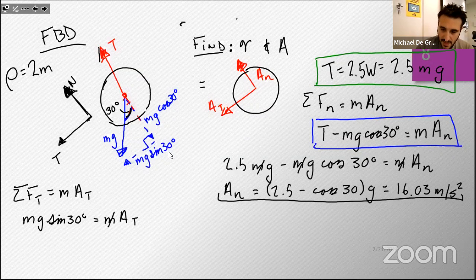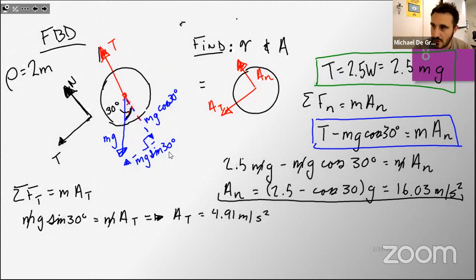Well, our masses cancel again. Gravity is 9.81 meters per second squared. Sine 30 is 1/2. So 1/2 of that gives us our tangential acceleration being equal to 4.91 meters per second squared. And we're just plugging in here.